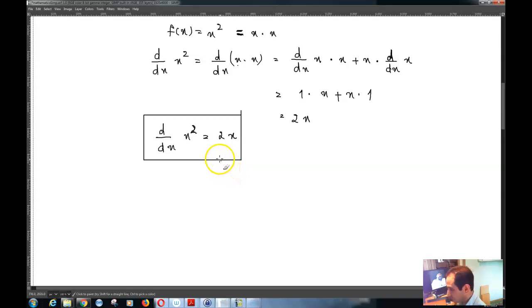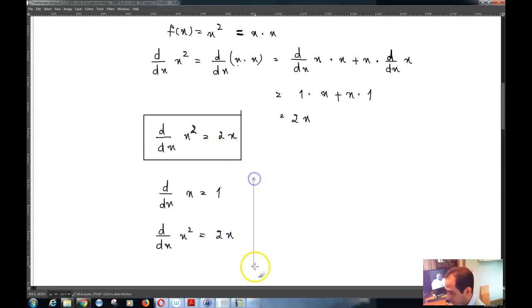If you want to make it a general thing, for example, if you calculate d by dx of x cubed, you will get 3x squared. Over here we had d by dx of x, we got 1. d by dx of x squared, we got 2 times x.